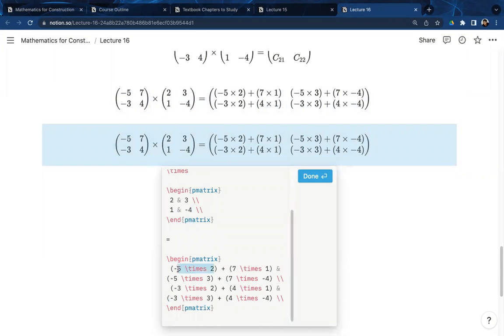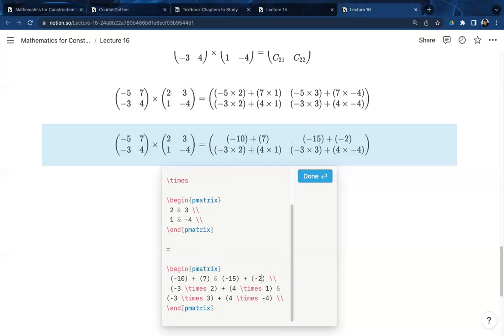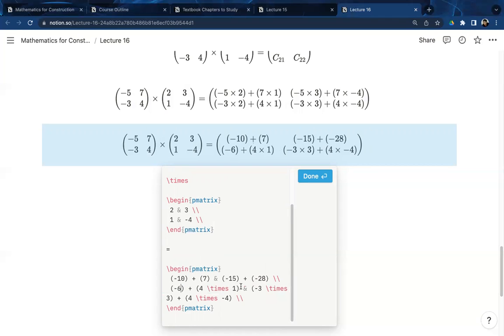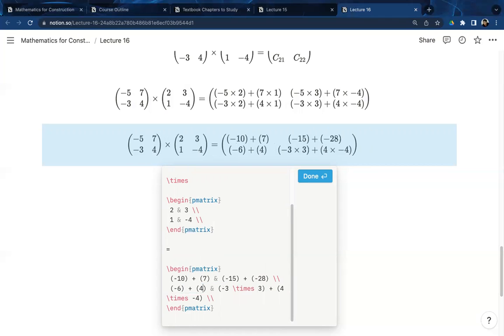So this is negative 10. This is 7. This is negative 15. This is negative 28. This is negative 6. This is just 4. It's negative 9.